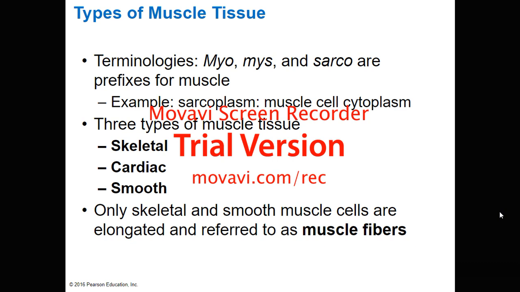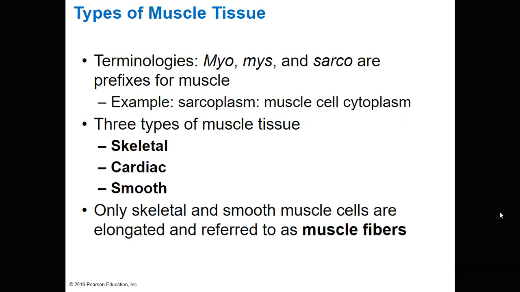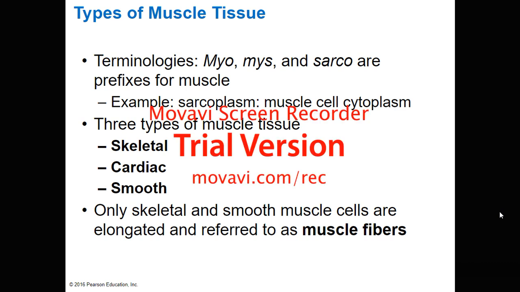We already talked about the different organelles of a cell. So with muscle, instead of saying cytoplasm, you just say sarcoplasm. You just put the sarco prefix in front of plasm.